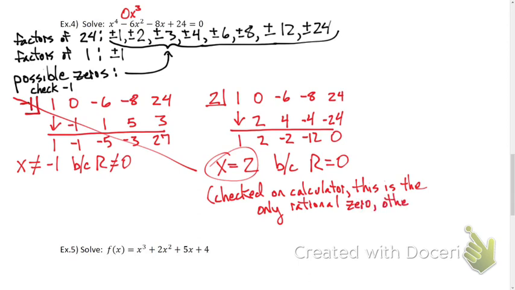Others are imaginary. So if you have imaginary zeros, they won't show up on the graph. And that means there's only one answer on this.